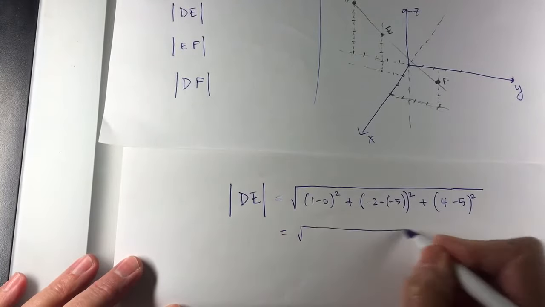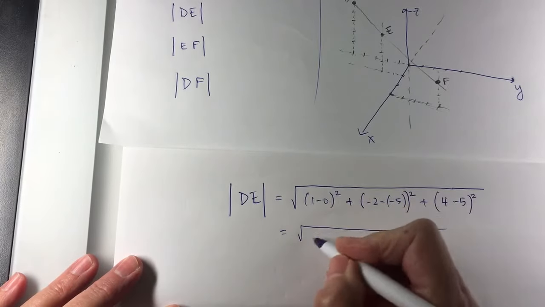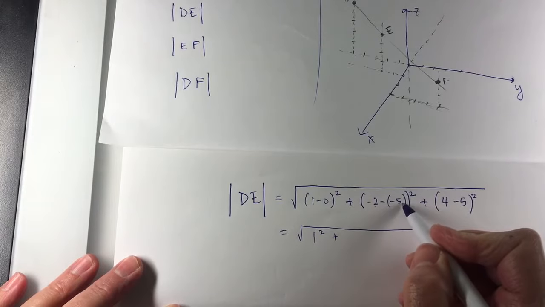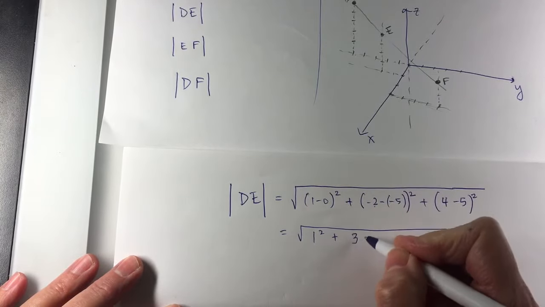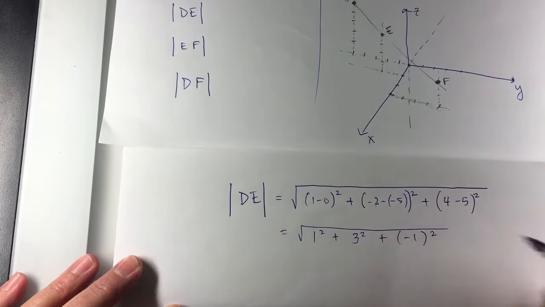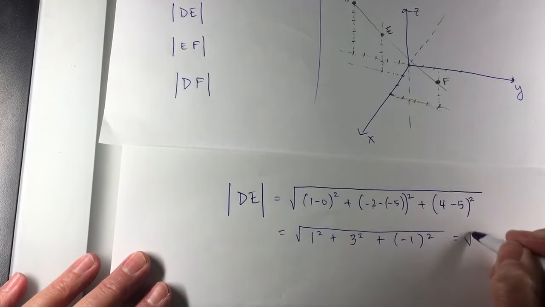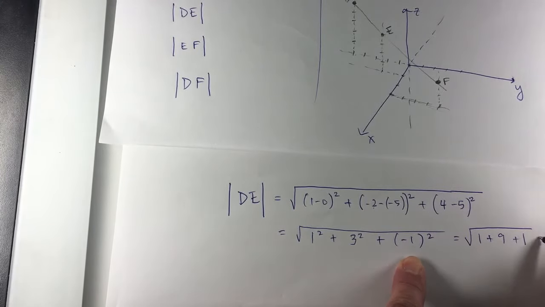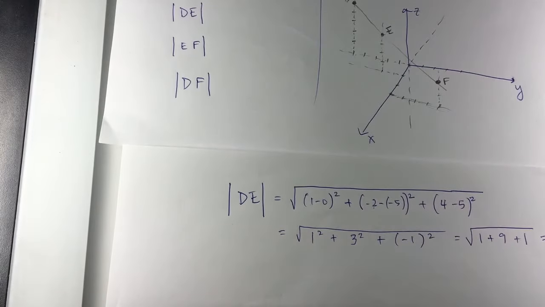So this is the square root of 1 squared plus, -2 plus 5 gives me 3 squared, and then -1 squared. So this is the square root of 1 plus 9 plus 1, that's the square root of 11.